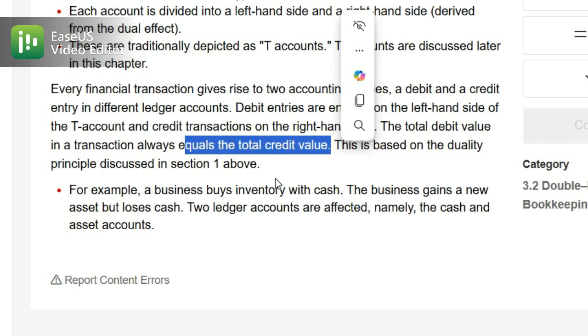We have discussed this before in a previous lecture, I think 16, 17 or 18. Here, for example, a business buys inventory with cash. So the business gains a new asset but loses cash. You gain one asset and lose another one. So two ledger accounts are affected, namely the cash and the inventory account.